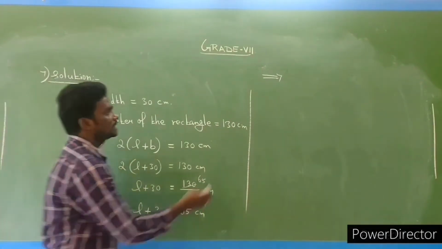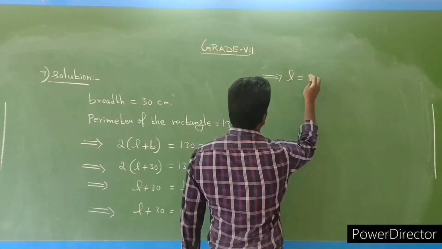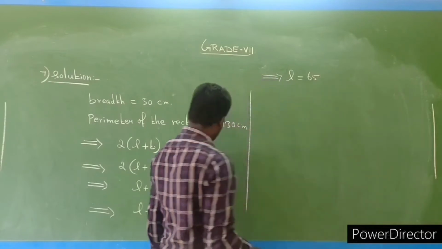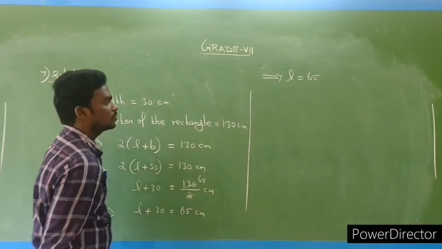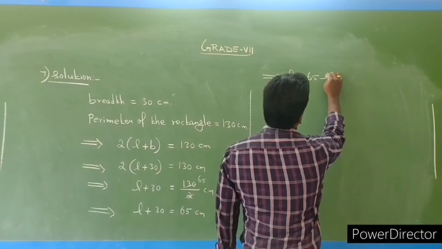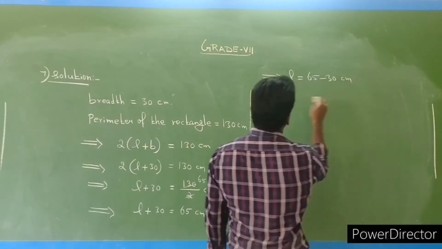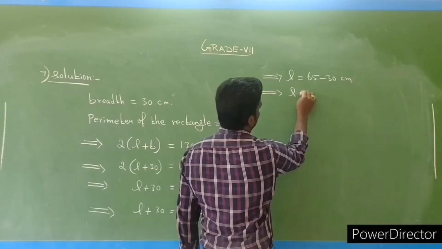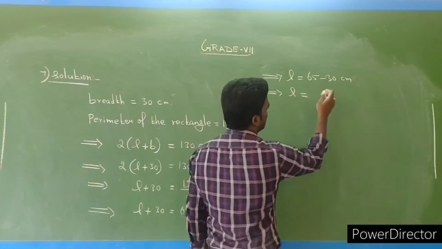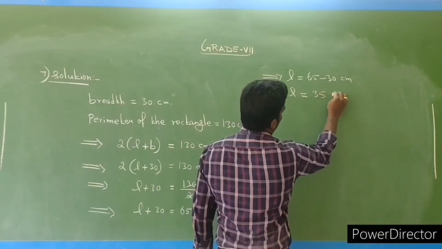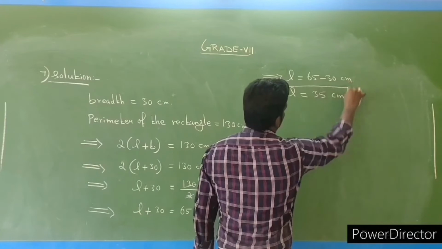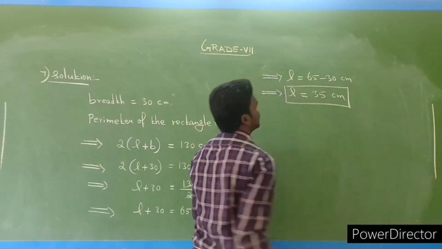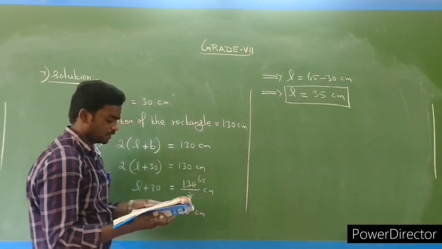So L is equal to 65 and this 30 is transposing to minus 30. 65 minus 30 centimeter. Implies L is equal to what is the value of 65 minus 30? 35 centimeter. So the length of the rectangle is 35 centimeter, which we have to find.